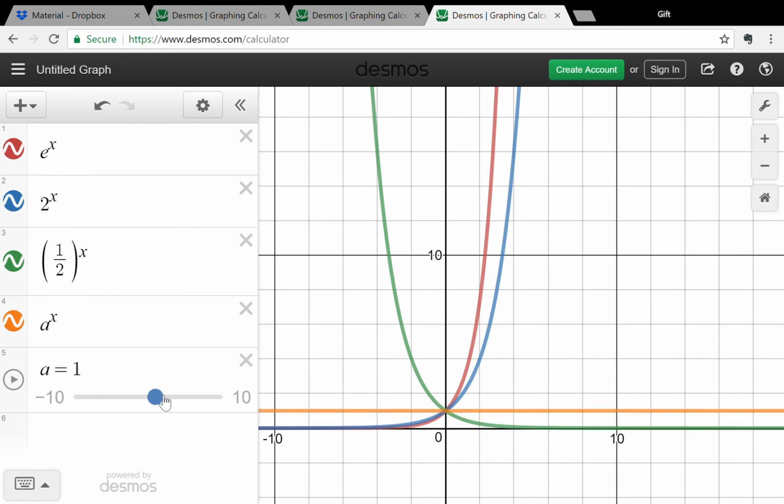When my a is 1, it's just 1 to the x, so it's all 1. When I increase my a, it becomes flat. And when my a is bigger than 1, it's going to look like your blue or red graph, depending on how big my a is. You can see the bigger the a, the faster my graph grows.